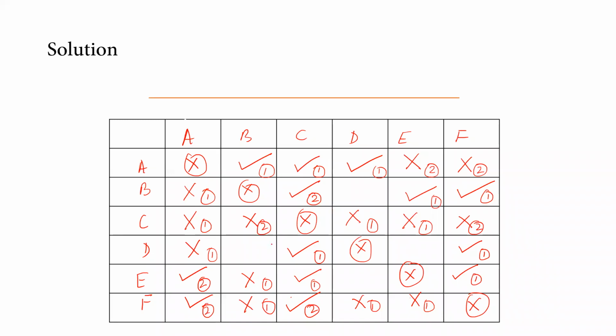So the only team that can lose both the matches is D. So D has lost a match against B, that means B has won a match against D. Similarly, D has lost a match against E, and E has won a match against D. Once we are clear with this table, we'll be able to answer all the questions.